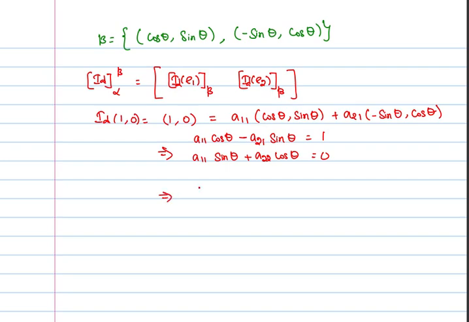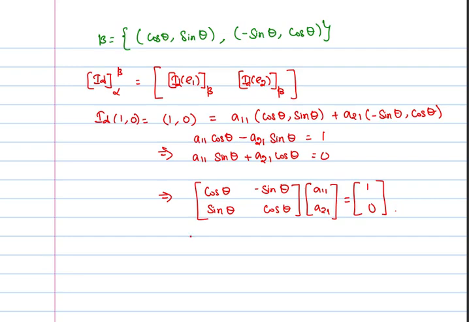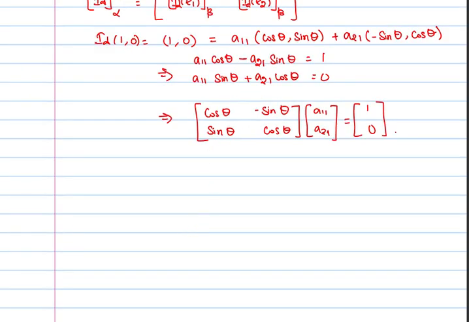So this I can represent in matrix form: cos theta, minus sin theta, sin theta, cos theta, times A11, A21, equal to 1, 0. I clearly know that this is an orthogonal matrix, so the inverse is its transpose.